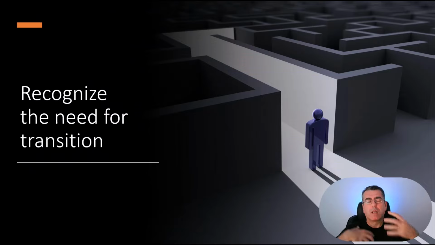So let's start this video, where we're going to talk about adopting hybrid project management in your projects and in your organizations. I would like to start with something very basic. When you need to make a change in your life, the first thing to do is recognize the need for this change, for this transition.